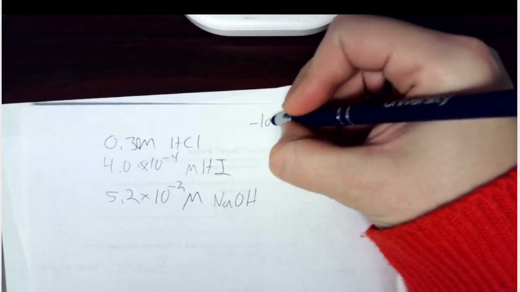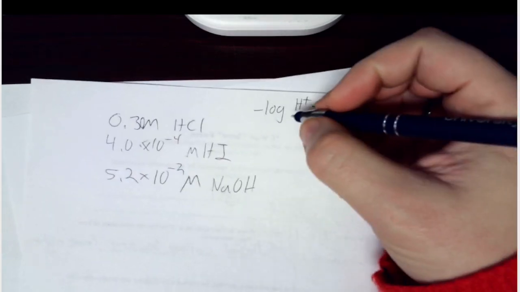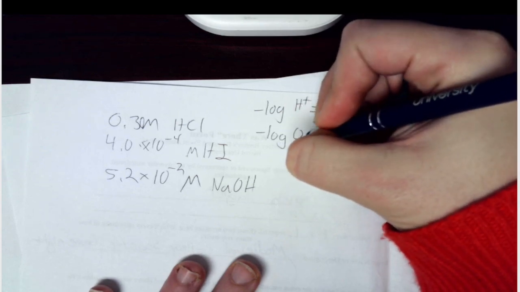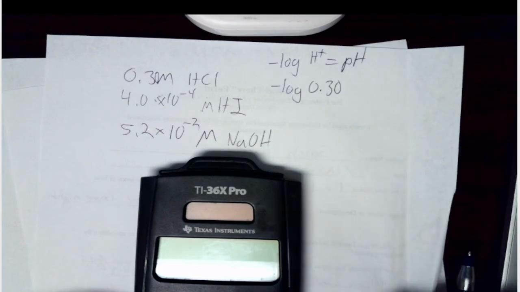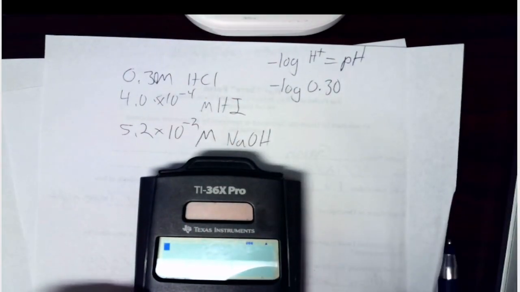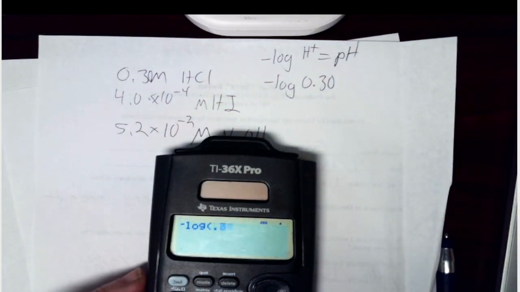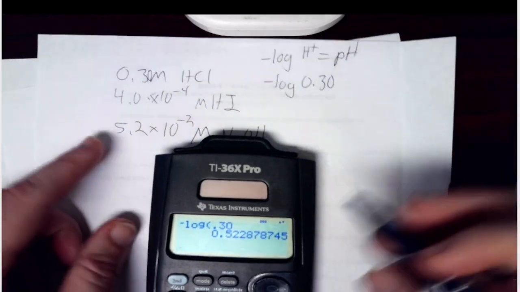Okay, so negative log of [H+] is going to give us pH. So with that in mind, I just need to take the negative log of 0.30. And that's going to give me my pH of my acid, HCl. Now, you'll notice it gives me a whole string of numbers.